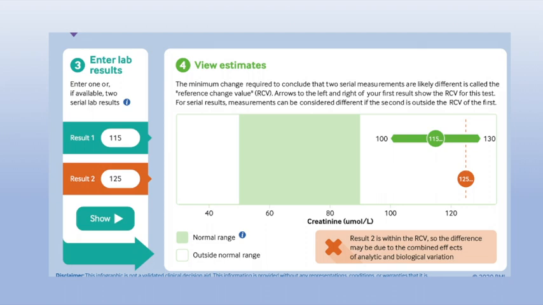In other words, it is not a significant change. Having said that, from a clinical point of view, we will be wanting to keep a close eye on this patient because his serum creatinine results are both abnormal.